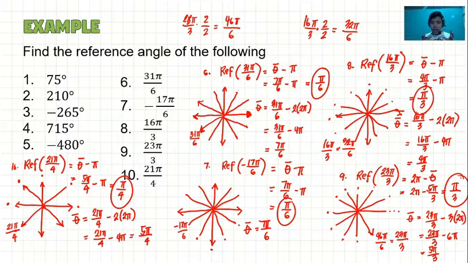So as you can observe here, it's just like this. If the angle is written in radian measure, it's easy to find the reference angle. So just look at this one, 6 and 7. Take note the denominator is 6, right? So the denominator of the two is 6, and the reference angle is pi over 6. Got it? So therefore, its reference angle is pi over 6.